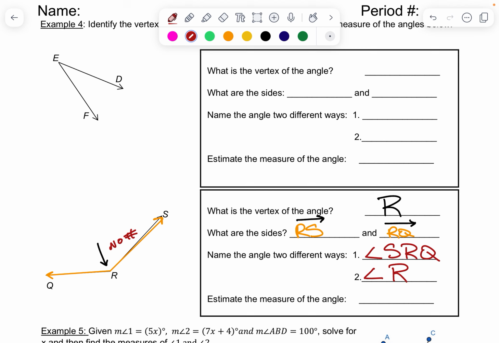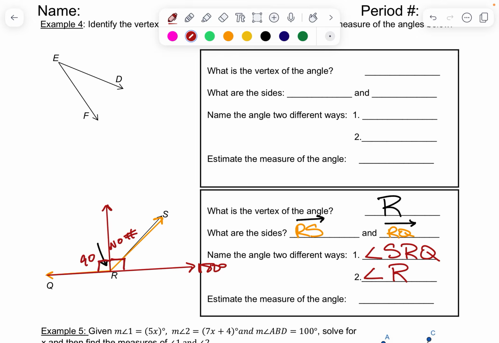And then it says estimate the measure. Well, earlier we said that a straight line gives us a 180 degree angle, and we also know that a perpendicular line gives us a 90 degree angle.